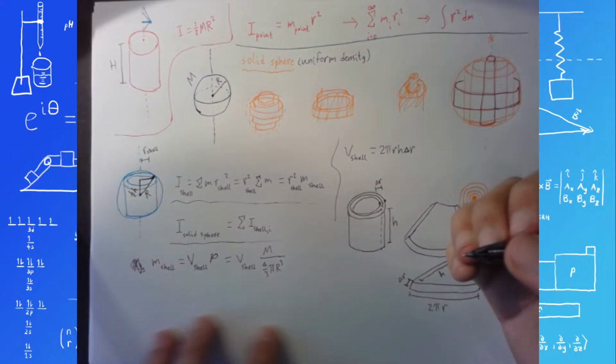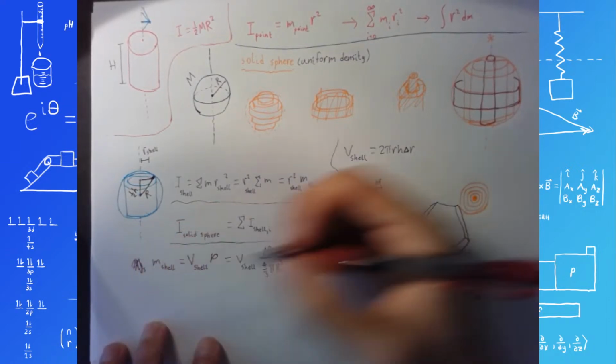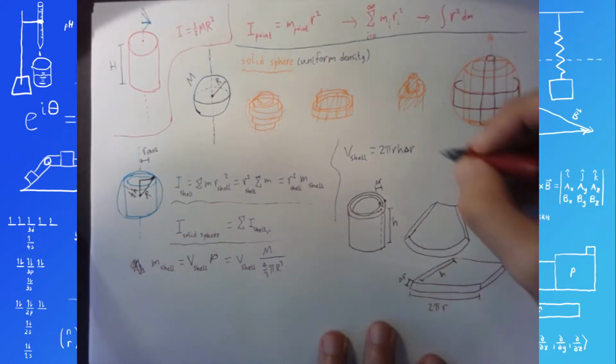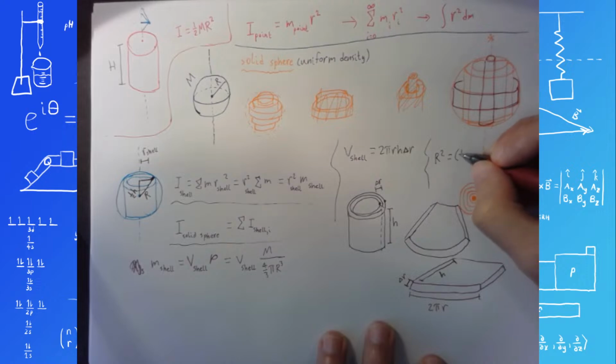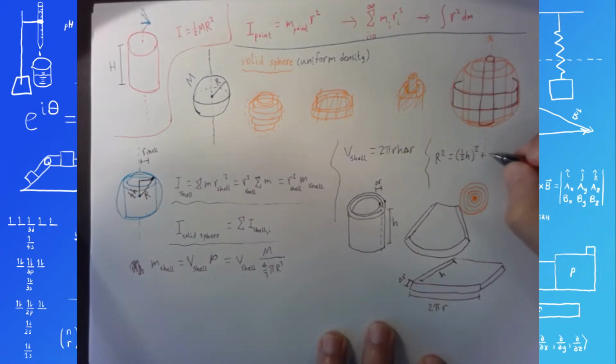And now I can just do the Pythagorean theorem. I guess I'll write it over here. I'm going to say big R squared is equal to (1/2 h) squared plus r squared.